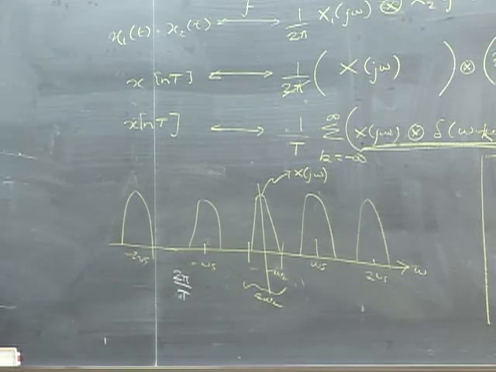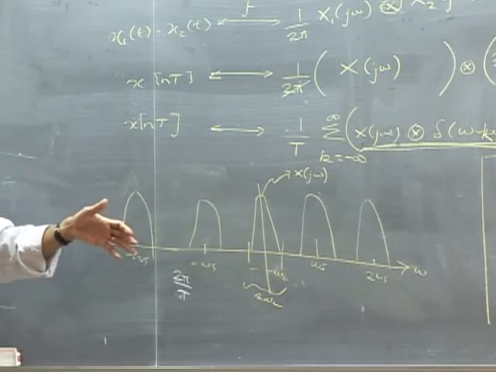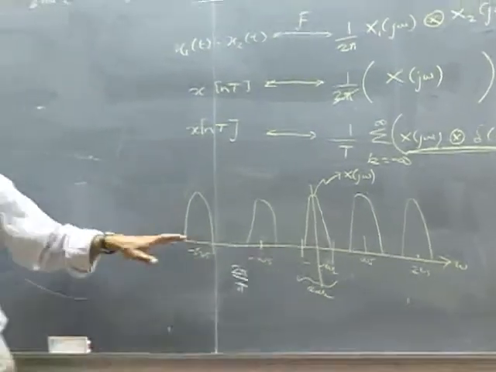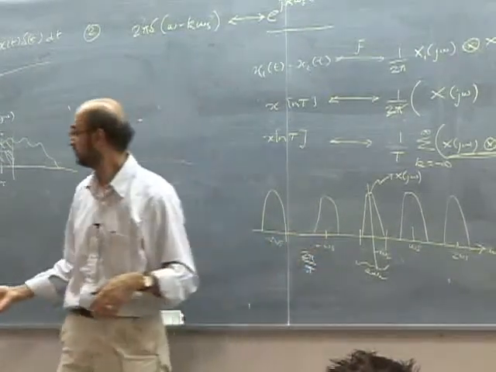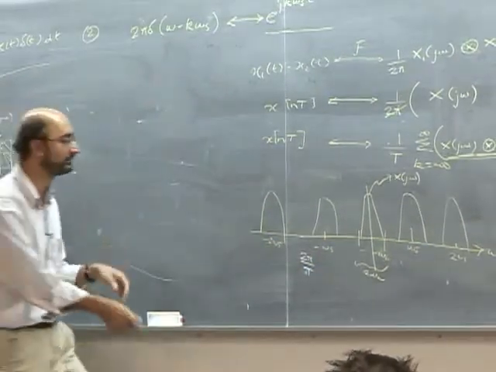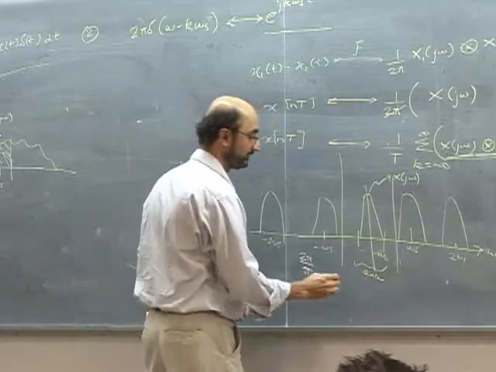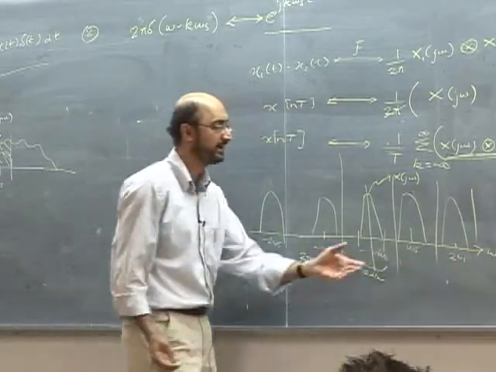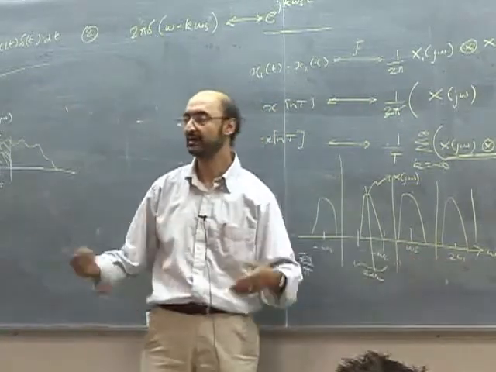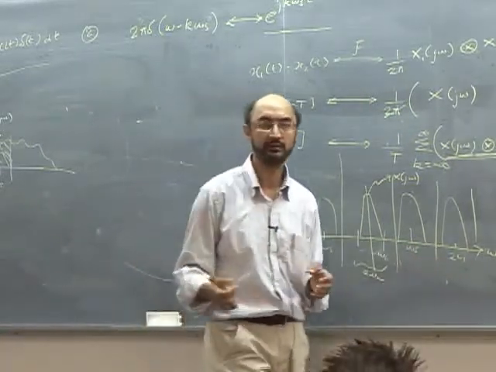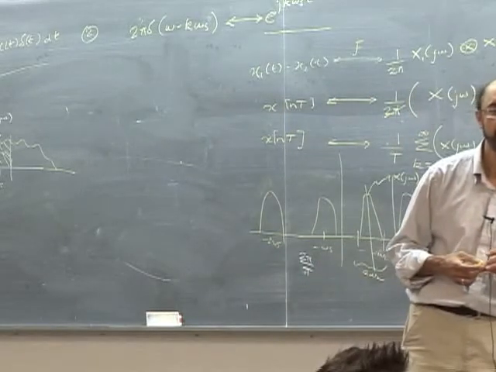As long as this support is not leaking across when I replicate it like this, all I need to do is take any one chunk of this, like this, or even this, in frequency space, and then I can extract x of t from it. Yeah? What's the problem with the overlap?